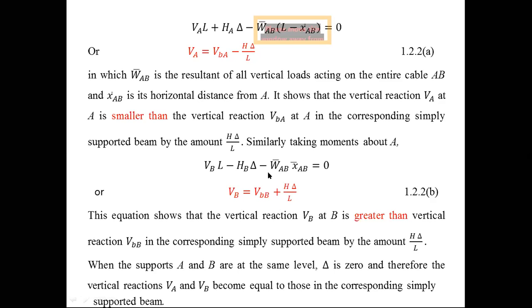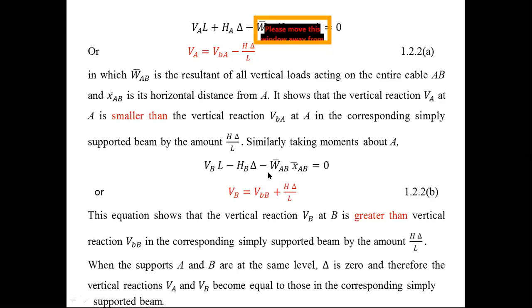Listen carefully, when are VA and VB larger or smaller? Eccentricity of non-uniform loading or the effect of uneven supports dominates the net value. So it is similar to computing the tensile force at both ends of the cable, taking the larger one as the critical stress used to design.